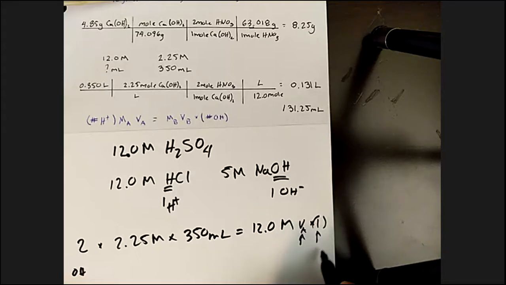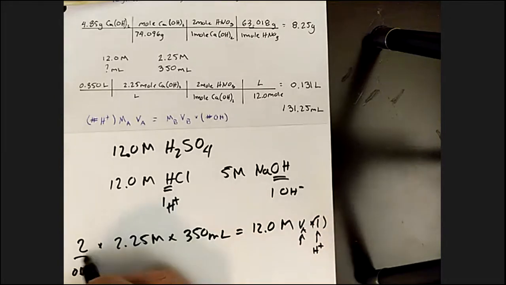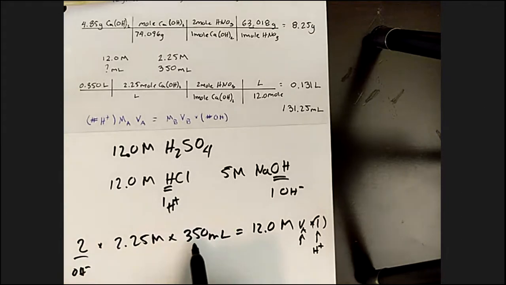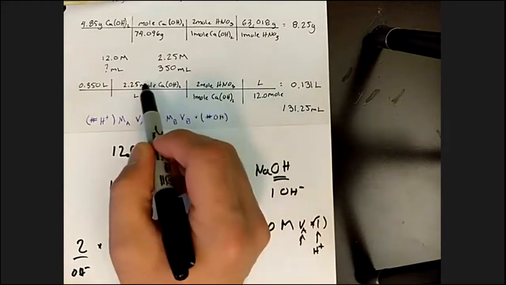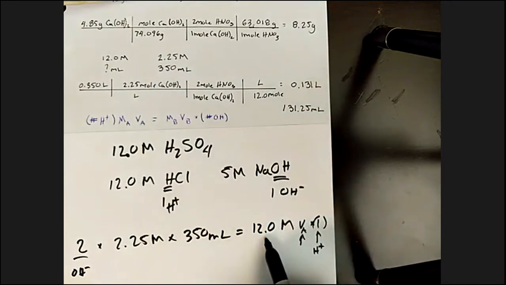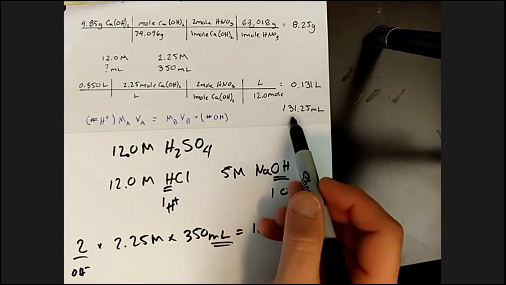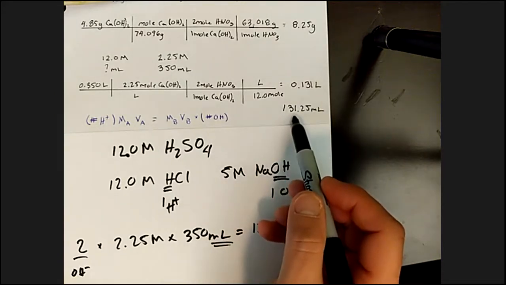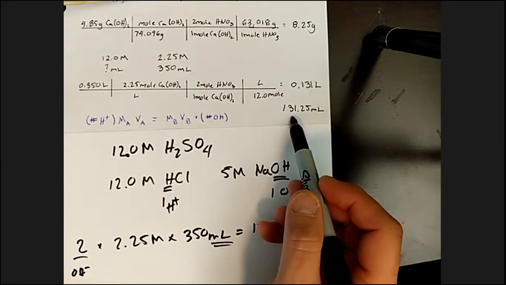This is the single proton, and this is the OH minus on the calcium. So now when you do 350 times this, you're functionally getting this times this times this, divided by 12, and the value will come out in milliliters. So you'll get 131 milliliters when you do it that way.